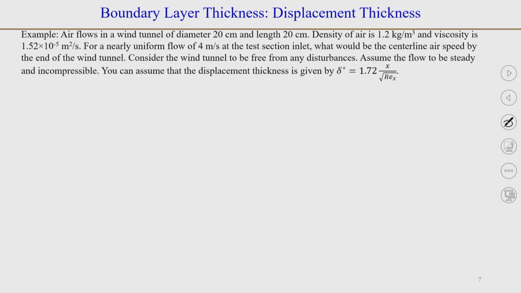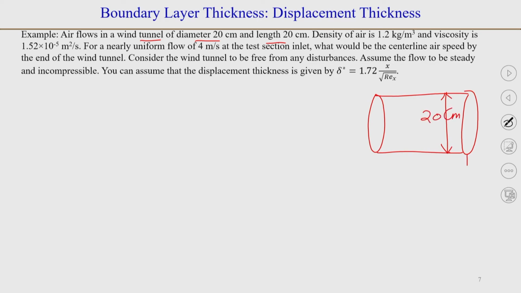We can look at a simple example here, to see how this can be useful in calculations. Here we consider a wind tunnel, and the diameter and length of the wind tunnel are given. So, the wind tunnel is a cylindrical kind of tunnel in this case, and the diameter here is 20 centimeter, and the length of this tunnel is also 20 centimeter.